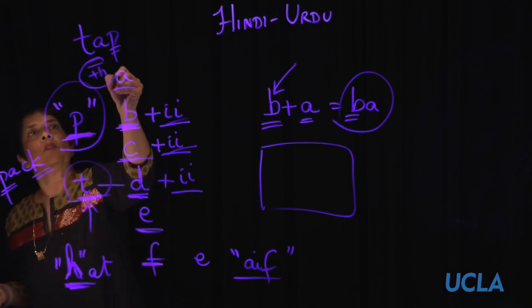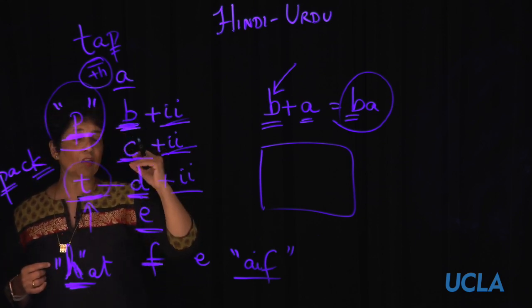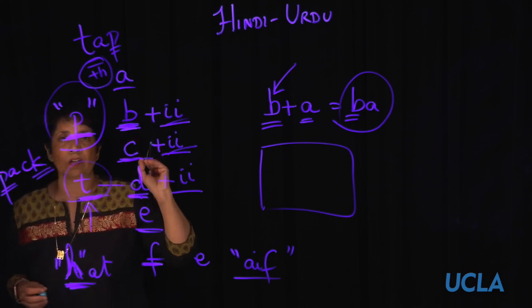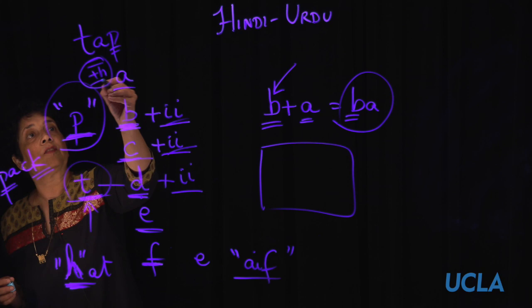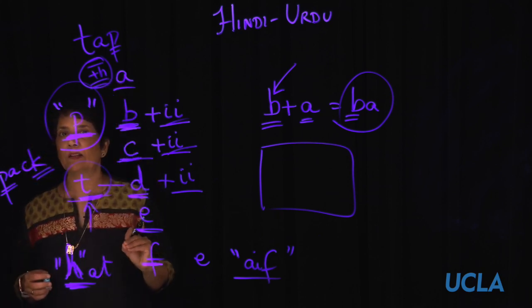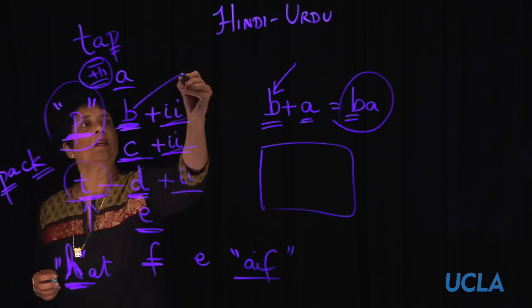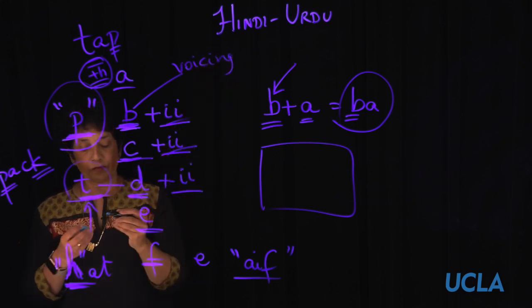So we will be using these features. Number one, place of articulation, which means where the blockage or obstruction of airflow takes place. Secondly, we will use the feature of aspiration, a burst of air accompanying the sound. And the third thing that I have mentioned is voicing. So what is voicing?